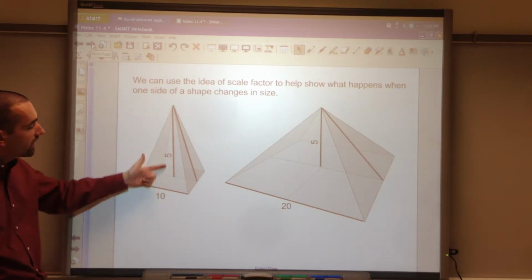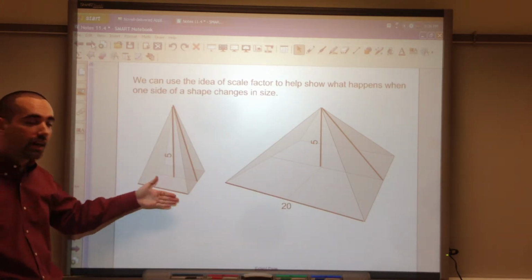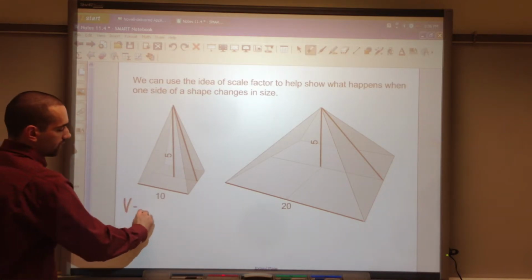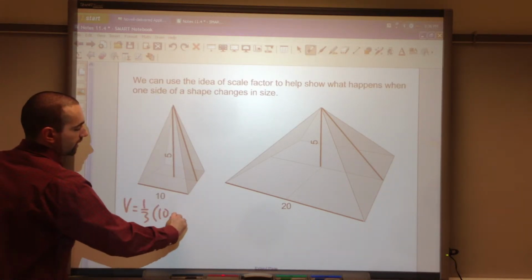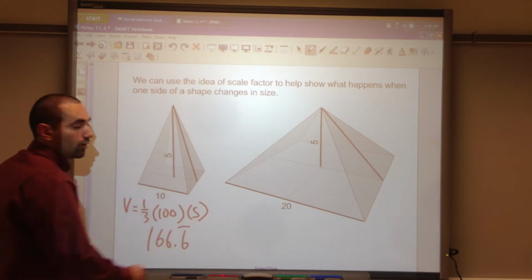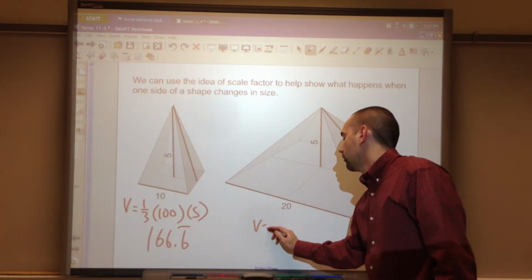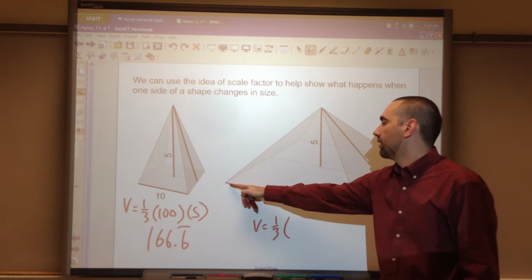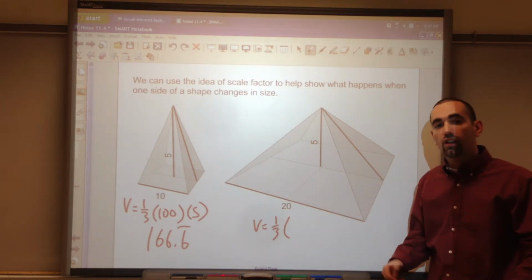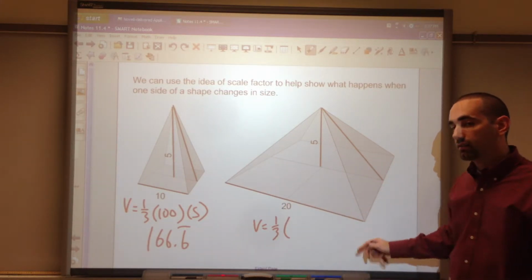Here, my height stays the same, and I'm changing the base. The base goes from 10 to 20. So volume, 1/3 big B times the height. We know that's 166.6 repeating. Here, volume's 1/3 big B, 20 times 20. Notice I've now changed 2 dimensions, 20 and 20.